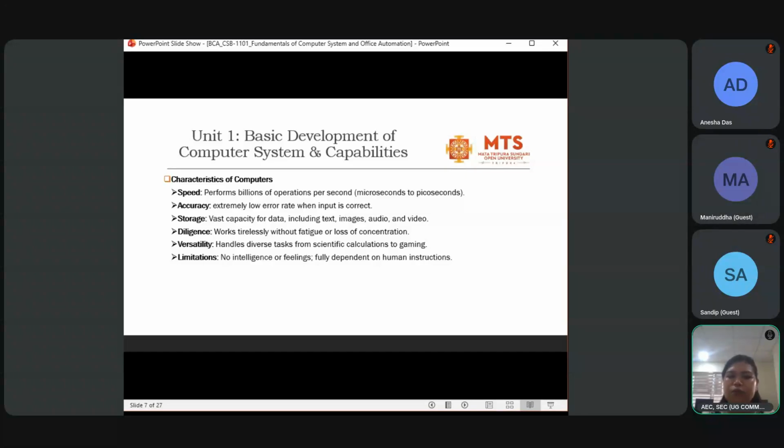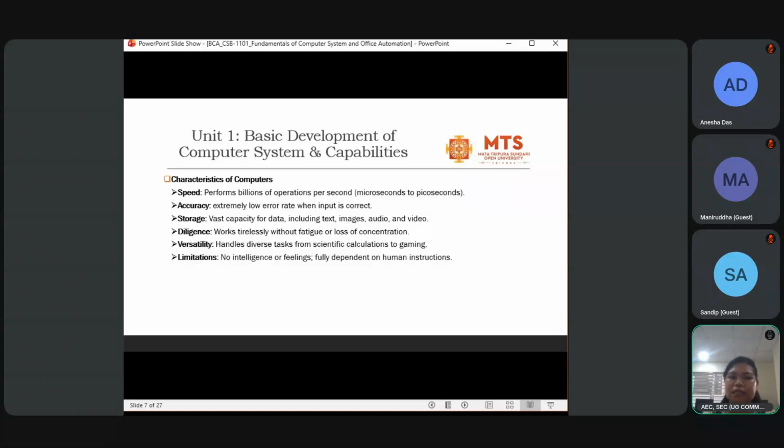Storage is vast capacity for data, including text, image, audio, or video. Like in your PC or phone there will be 500 GB or 1 terabyte of storage. When we purchase a phone, we always check the storage capacity and the speed based on the RAM also: 4 GB RAM, 8 GB RAM, 12 GB RAM are now coming up. We have to check that while purchasing the system as well.